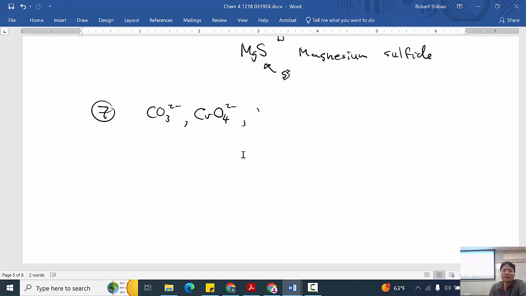Phosphate, carbonates, chromates, and phosphates are all insoluble, except group 1 and ammonium.